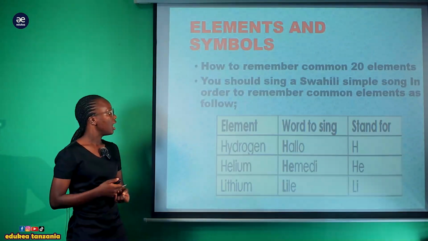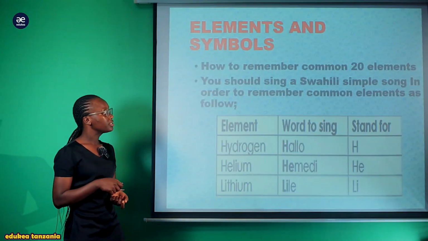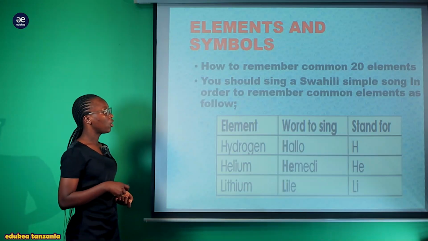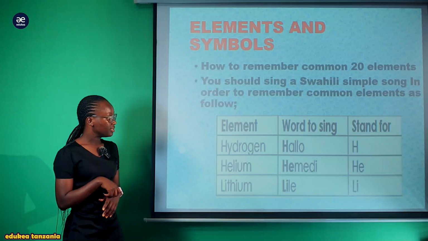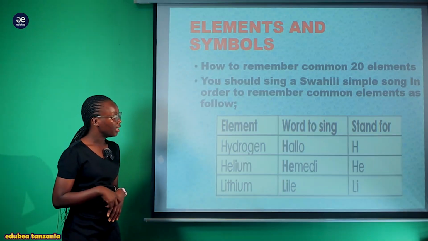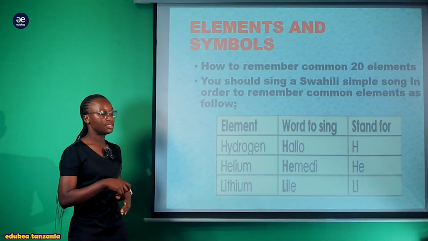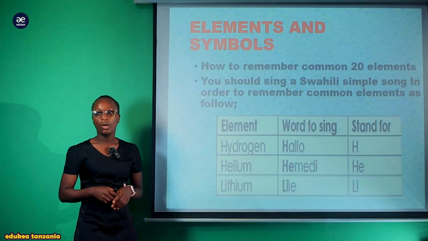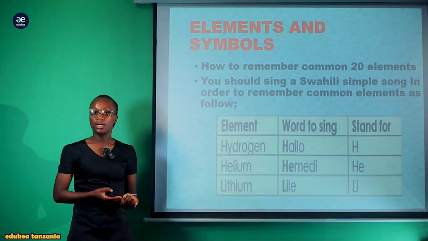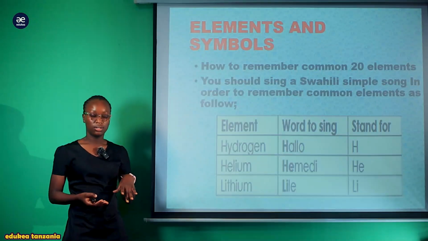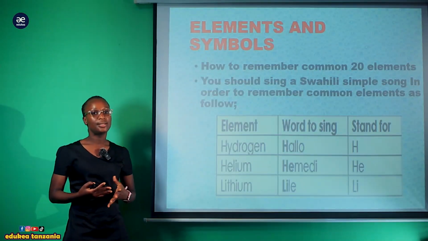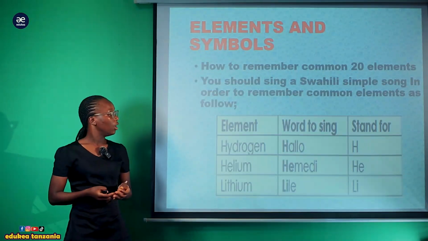So, as you can see, these are the elements, ready to sing, and the symbols. You can sing these words in Swahili so as to understand and master the 20, because it's not easy. Once you simplify by singing this Swahili song, it will be easy for you to master all 20 elements.